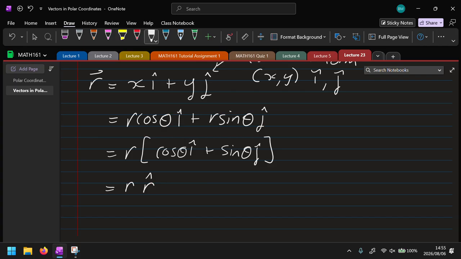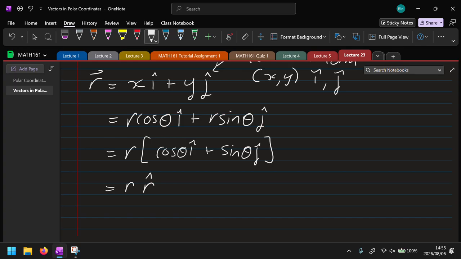How can we see that? Let's put in angle 0. What do we get? If the angle is 0, what is left? What's the vector that we get? i hat. So angle 0 is in the i hat direction, in the x direction. That makes sense.